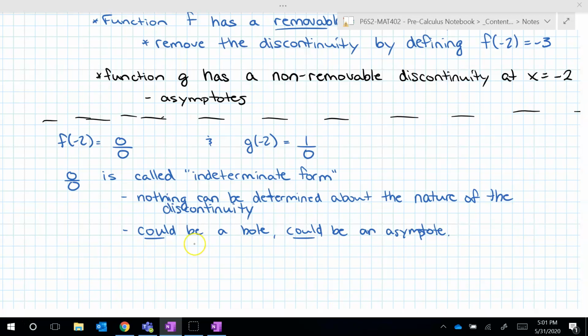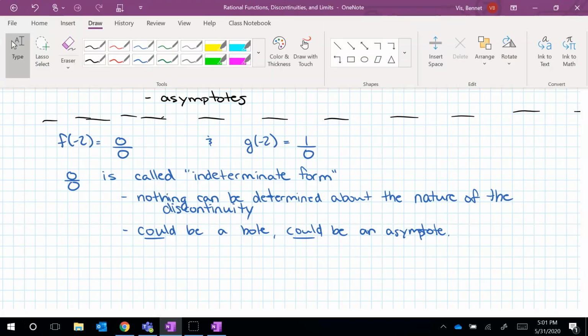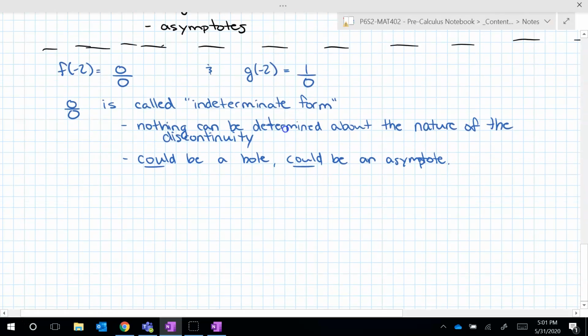A lot of people want to say 0 over 0 and automatically think that's a hole in the graph, like what we had above. It's often the case, but it's not always the case, and I might show an example a little later when it's not the case. But the 1 over 0, and really it's just any a divided by 0 where a is not equal to 0, this is called infinite form.